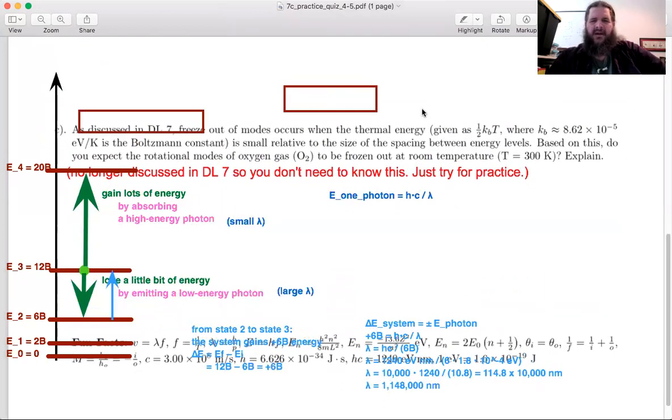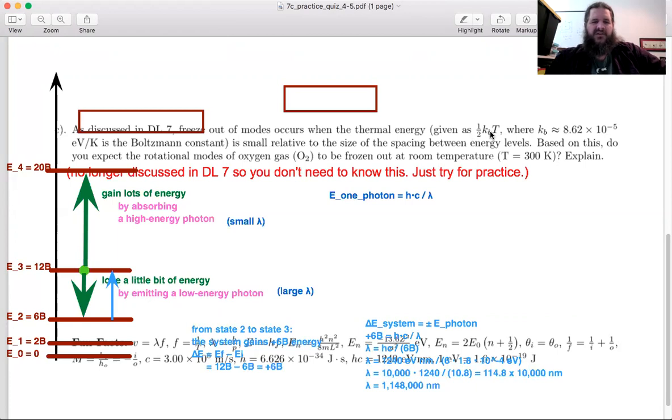the idea of modes being frozen out. We've been looking at the energy that's required to get it to transition from one energy level to the next. But in order to figure out, does it even have that much energy? The energy that's available is this 1/2 kBT, the energy per mode we were looking at way back in 7A.